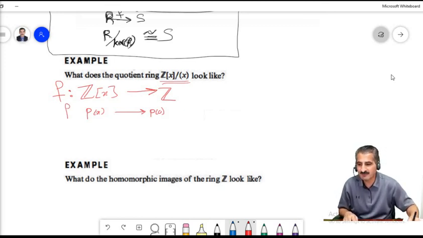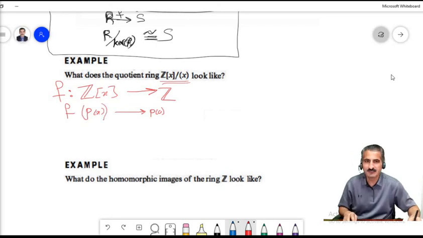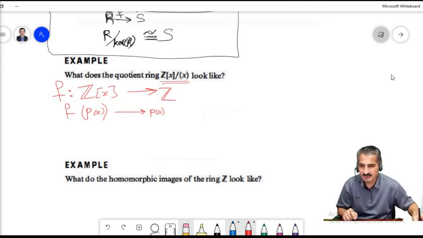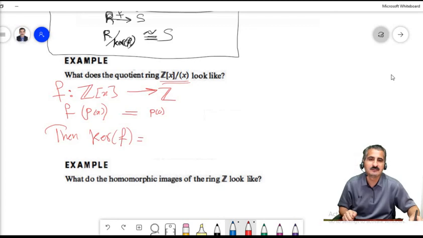So f has an input, a polynomial, and it gives you the image of that polynomial by substituting 0 in that polynomial. And then what is the kernel of f? It consists of all polynomials that have no constant term, which means every term has an x, which means multiples of x, and I have already talked about this.